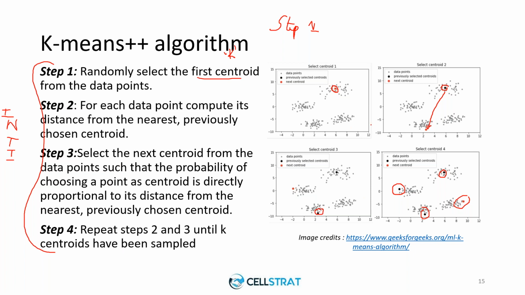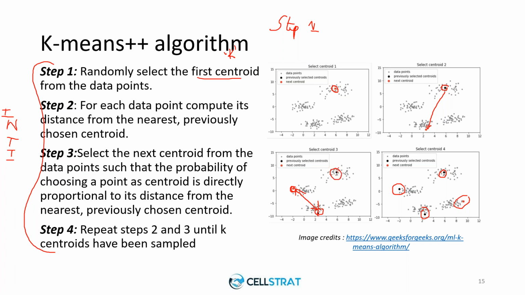Another important thing to notice is that when it is selecting the new centroid, it calculates the farthest distance from the previously selected centroid. So this centroid was selected based on the distance between the previous centroid and this new data point.